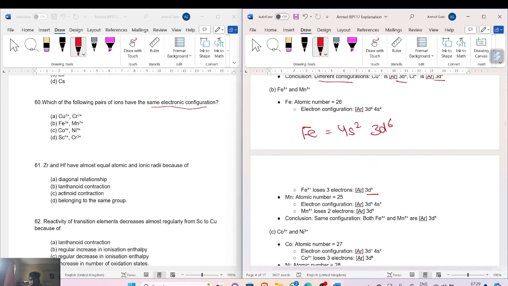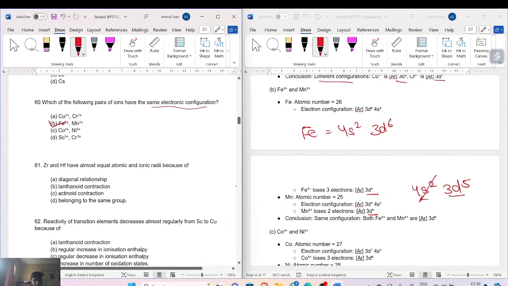For Mn2+, we know the electronic configuration is 4s2 3d5. When 2 electrons are removed, it will become 3d5 only. So here both have the same configuration, which is argon 3d5. Hence B will be our correct answer.